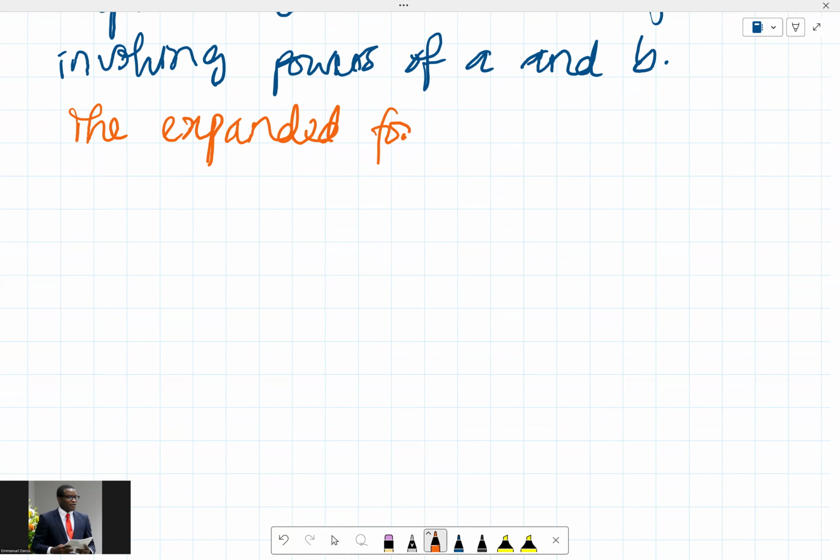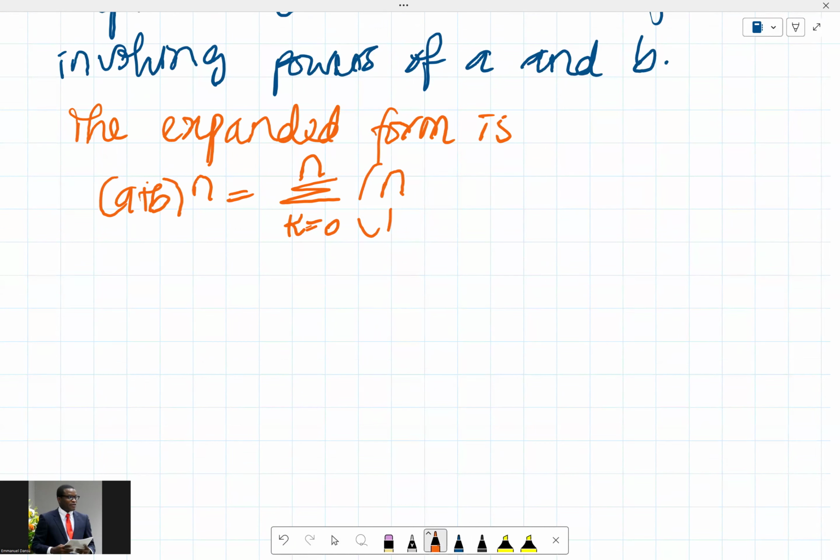The expanded form is: a plus b raised to power n can be expressed as the summation from k equals zero, and you see this is why it is a series, of this bracket n k, which is simply n combination k, and we are going to break that apart, times a raised to power n minus k, b raised to power k. Very soon you'll see how this actually comes about.